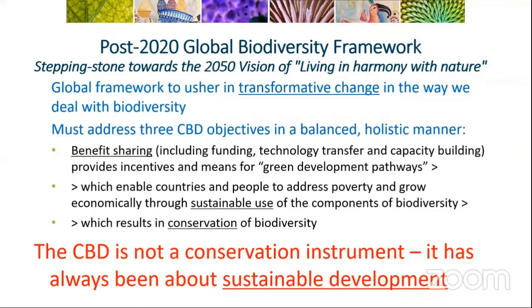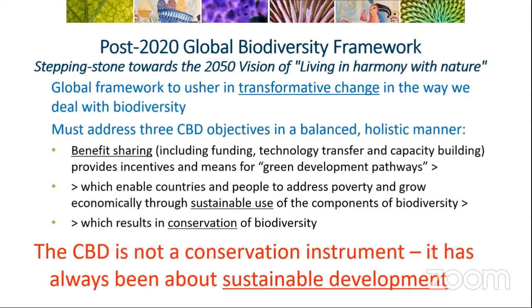And from an African perspective, it's really important that it deals with all three of the CBD objectives in a balanced and holistic manner. And I think in that regard, it's very important to realize that the CBD was never intended to be a conservation instrument primarily. It has always been about sustainable development. And if you look at the three objectives of the CBD, this benefit sharing, which includes capacity development, technology transfer, and funding, is supposed to provide sustainable development pathways for developing countries, including Africa.